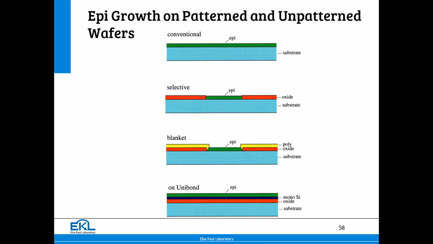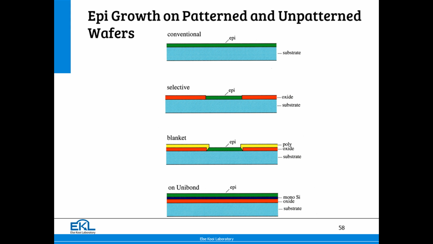To conclude with an even more intricate problem, emissivity. When growing epi, there are several cases to distinguish. Conventional blanket layers: substrate, you grow an epi layer on top. We can grow selectively: there is an oxide mask, windows in the mask, you grow epi, and the oxide remains clean.